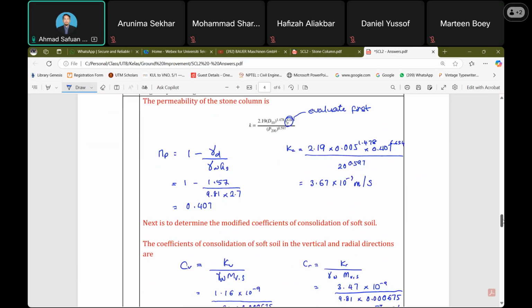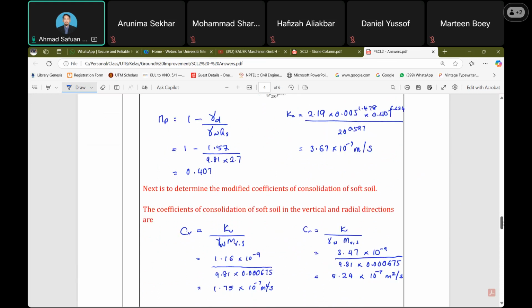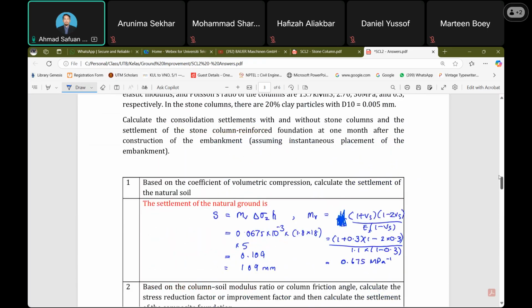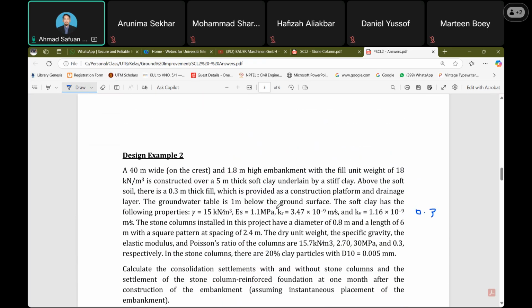Next, determine the modified coefficient of consolidation of soft soil. The coefficient of consolidation of soft soil in the vertical and radial direction are CV equal to KV over gamma W MVS and CR equal to KR over gamma W MVS. KR and KV are obtained from here.